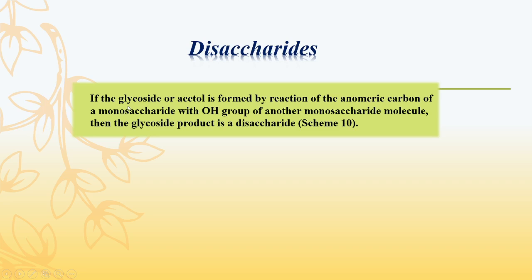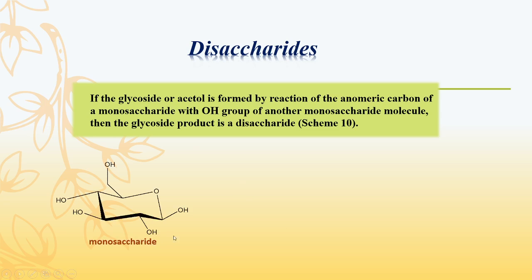The anomeric carbon of the first monosaccharide is joined to the OH group of another monosaccharide molecule, and these two monosaccharides are linked via a glycosidic bond. This product is called a glycoside, and this glycoside product is called a disaccharide.